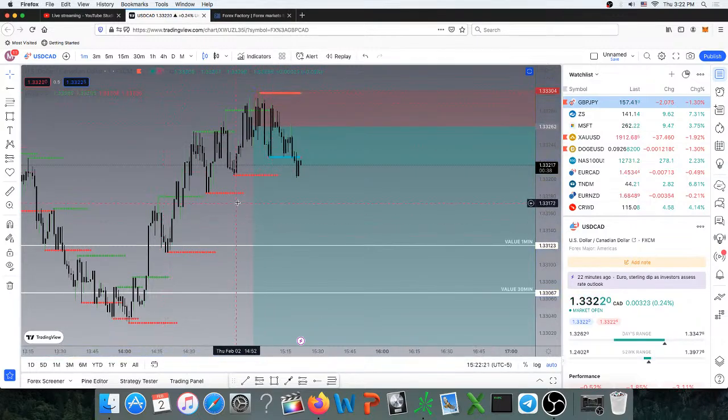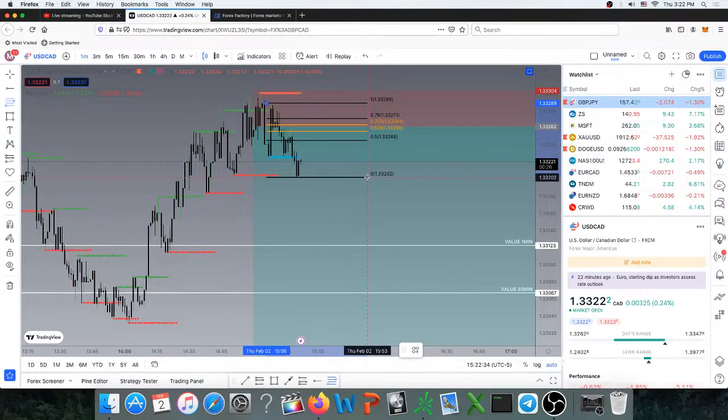Now let's erase that fib. We need a retracement back to find out where to put this fib correctly. It hasn't started retracing back yet.